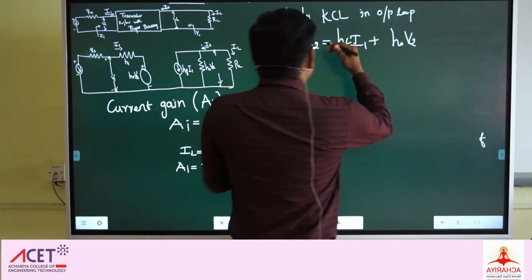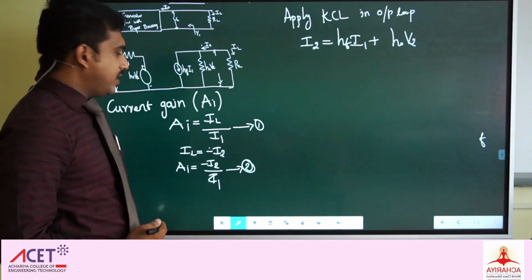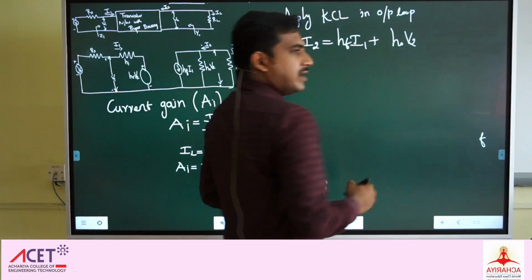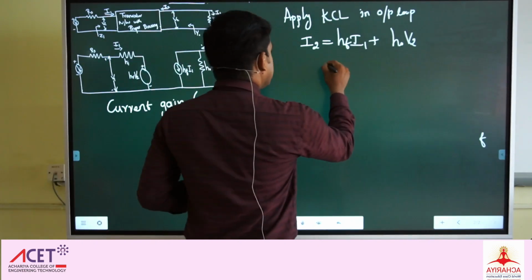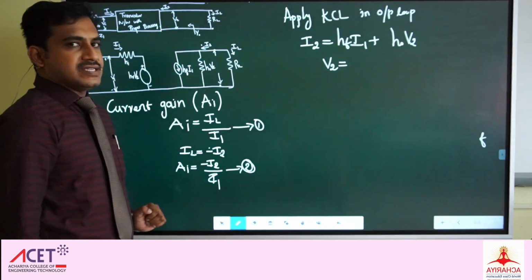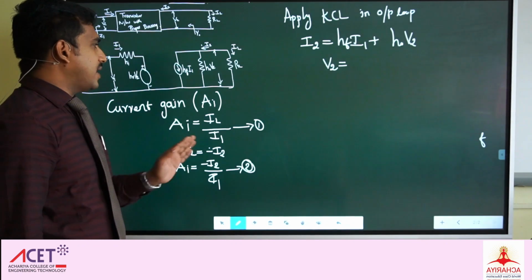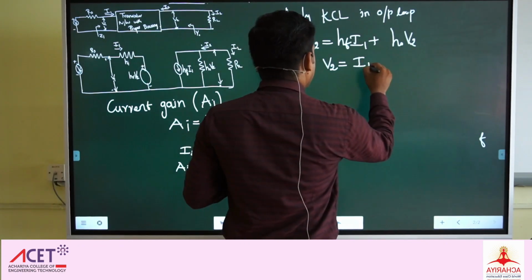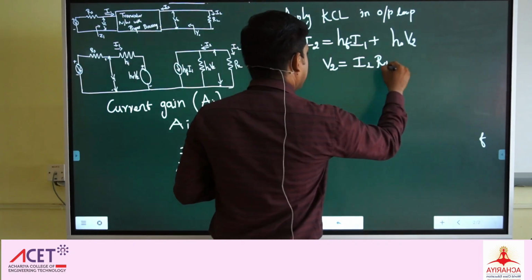Now from this equation we can find minus I2 divided by I1 as a current gain. For that we have to replace V2. How can we replace V2? What is V2 from this circuit? V2 is the output voltage. We know Ohm's law, V is equal to I into R. What is I here? I is IL, load current, then the resistor is RL.